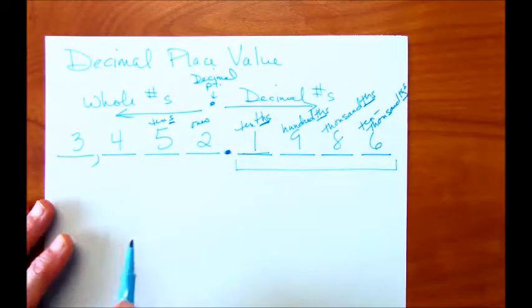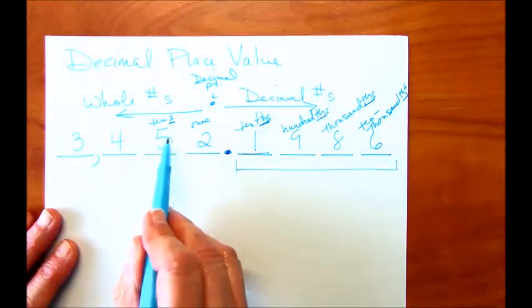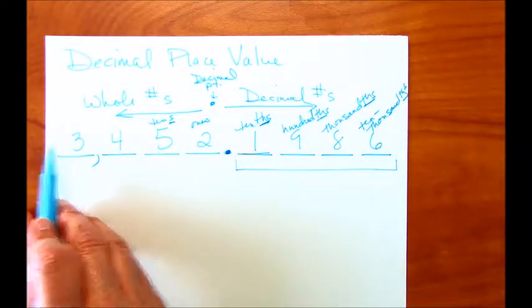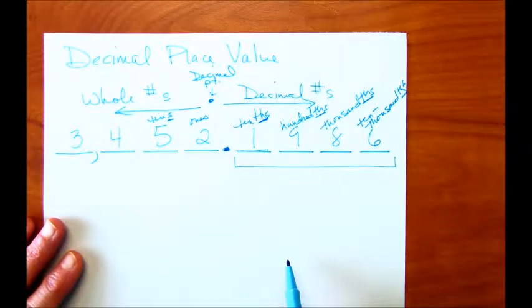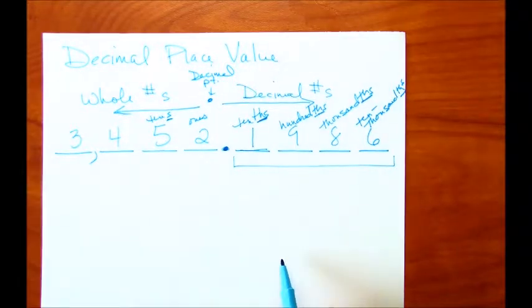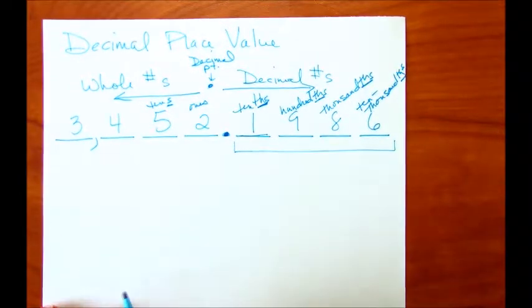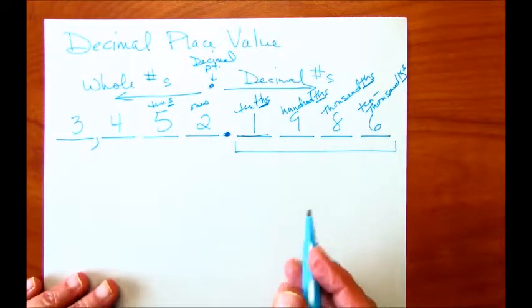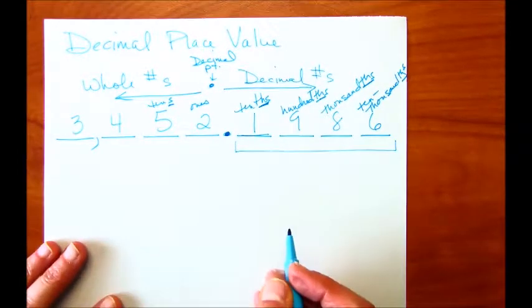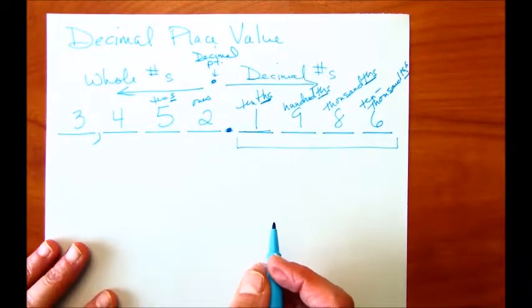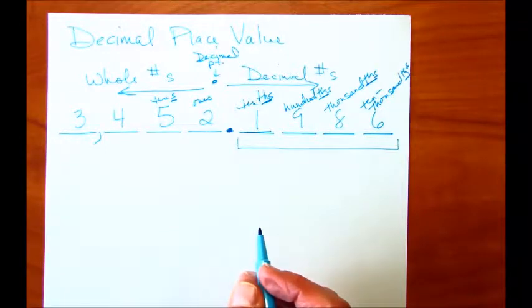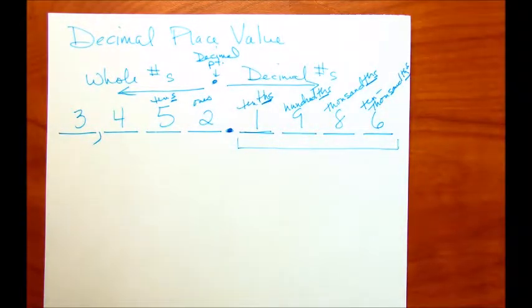Notice it just ends with an S, not a THS. Same with hundreds, thousands, and so on. Let's go ahead and talk about how we would say decimal numbers and how you might write them out. Then we're also going to talk about how you would write them in expanded form, and a little bit on rounding decimal numbers.